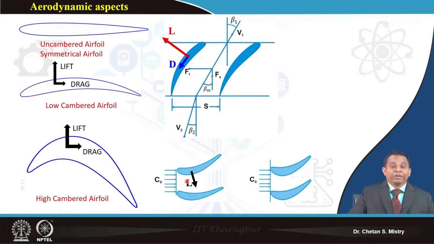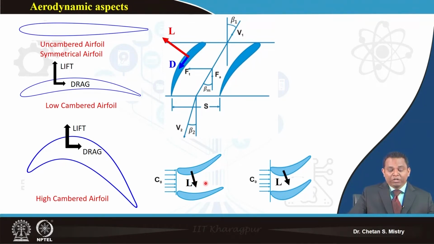In order to do that, we want to utilize our lifting force. We have discussed this earlier also. So basically the purpose of using this airfoil is to utilize the benefit of the lifting force. We want to use this as a benefit for our application.